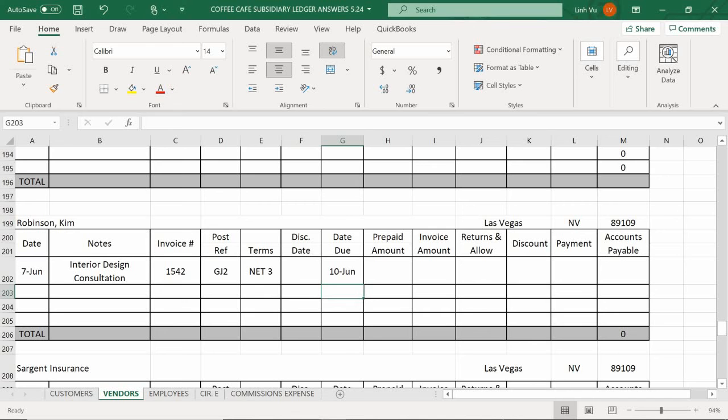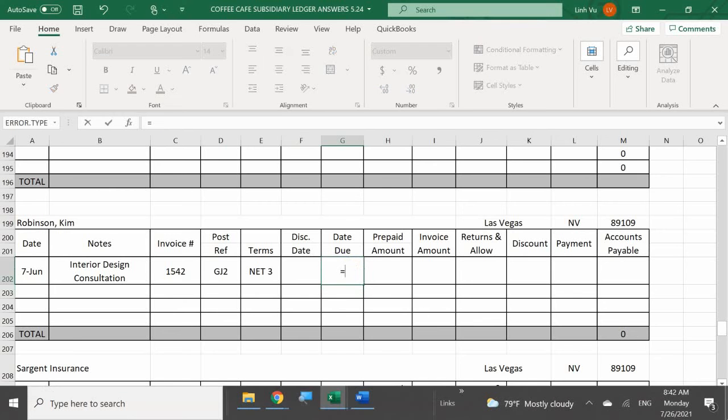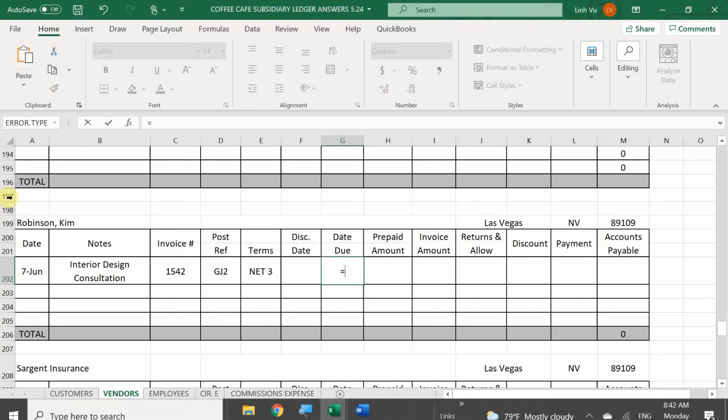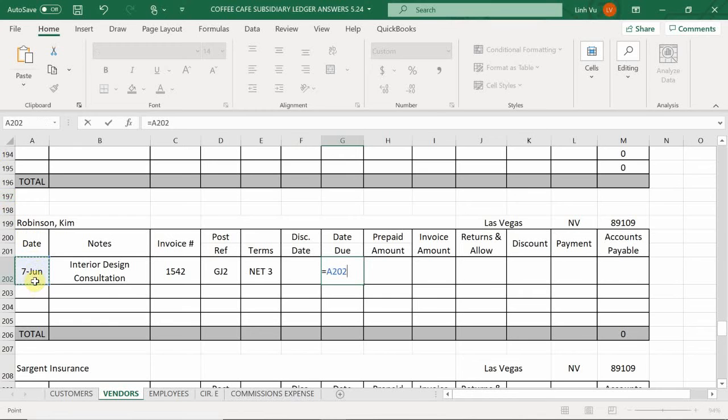We did not pay in advance, yes? So it's equal to the date. I put June 7, right? And you're going to add 3 to that, and enter.